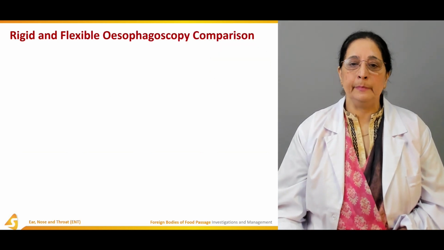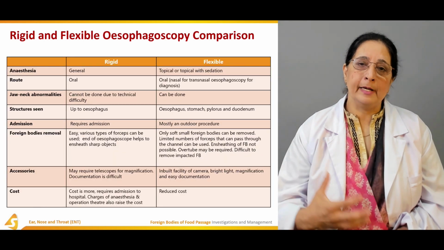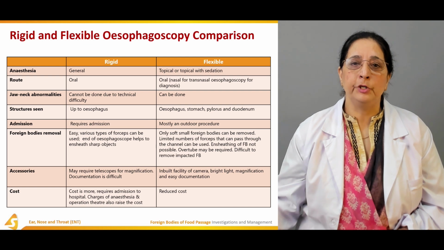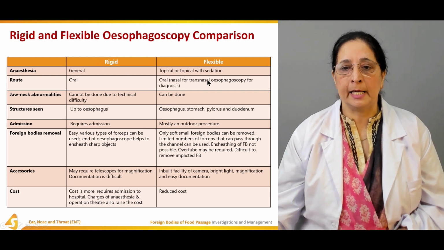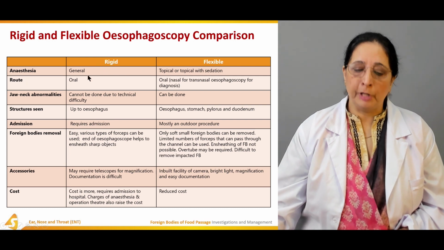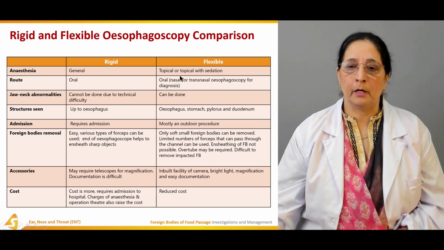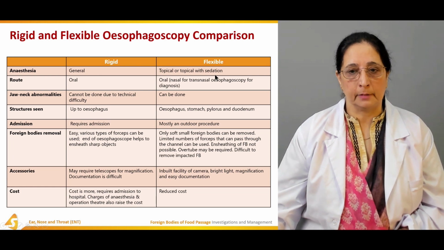Rigid and flexible esophagoscopy comparison. What are the different indications, and why do we use rigid and flexible? Anesthesia: in rigid, we need general anesthesia. In flexible, we need topical, or topical with sedation.